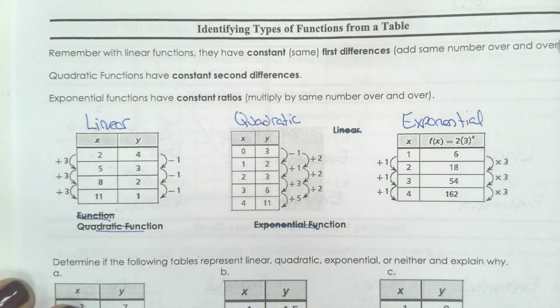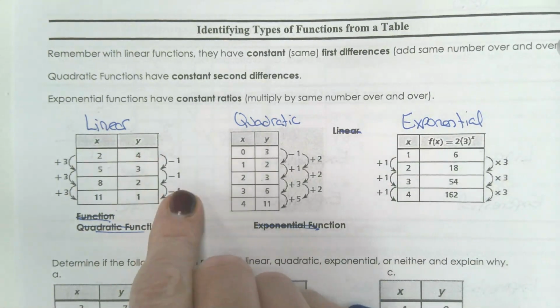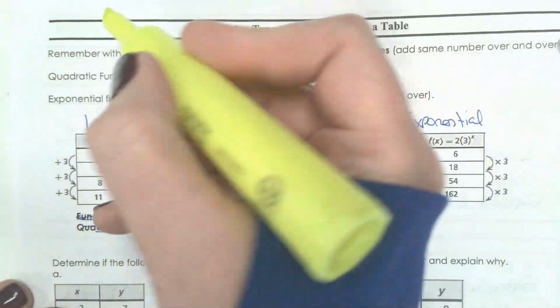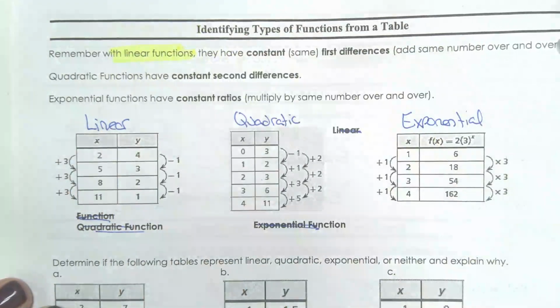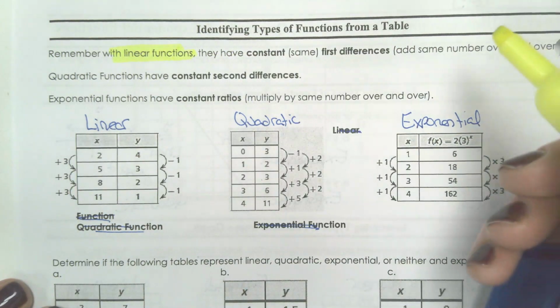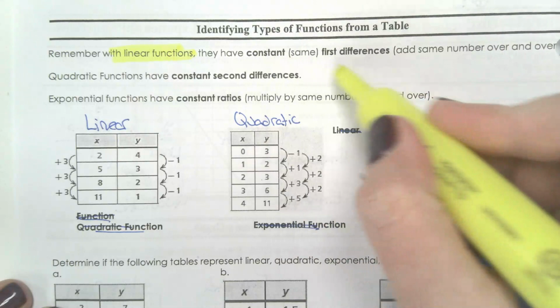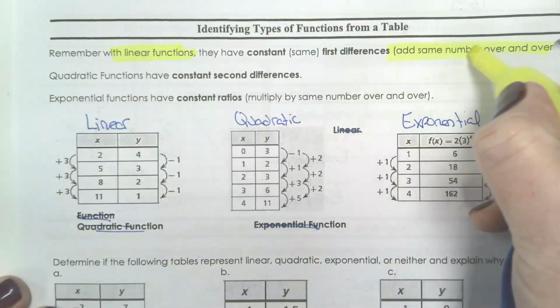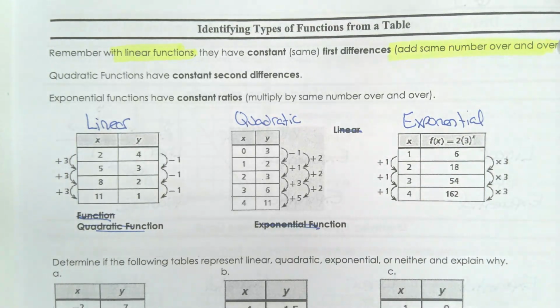So we have to figure out, just by looking at the values and how they're going up, if they are linear, quadratic, or exponential. So it says up here, with a linear function, they have the constant, same, first difference. You are adding the same number over and over again.